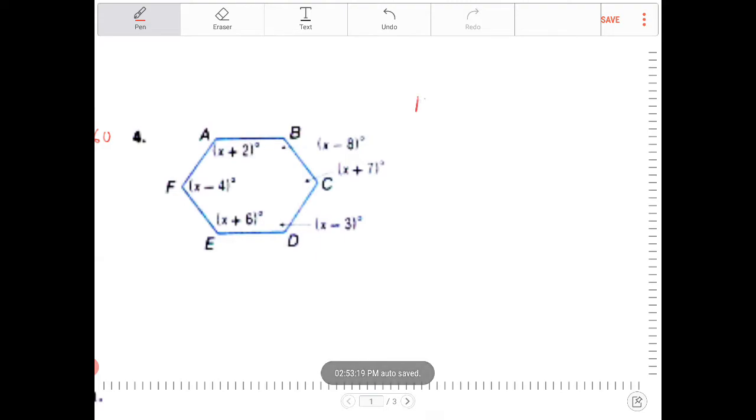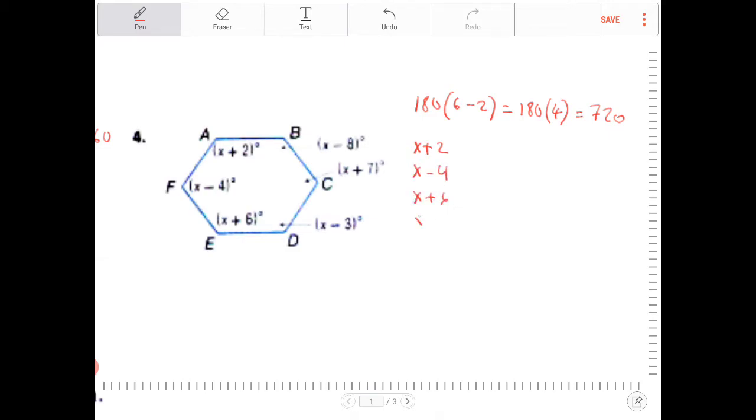I have a hexagon here. A hexagon is 180 times 6 minus 2, which is 180 times 4, which is 720. So if I add all this up, x plus 2, x minus 4, x plus 6, x minus 3, x plus 7, and x minus 8.